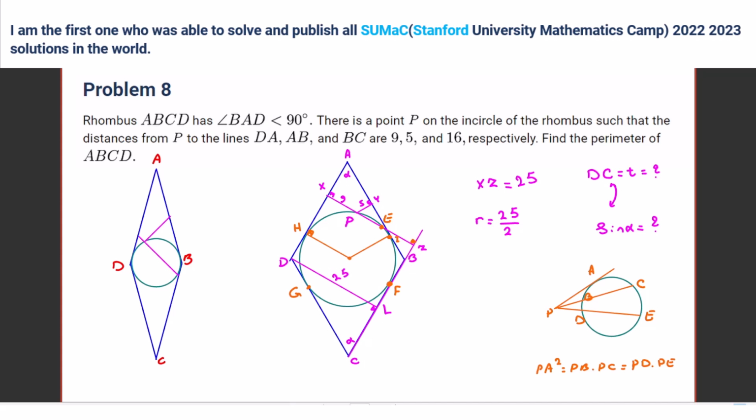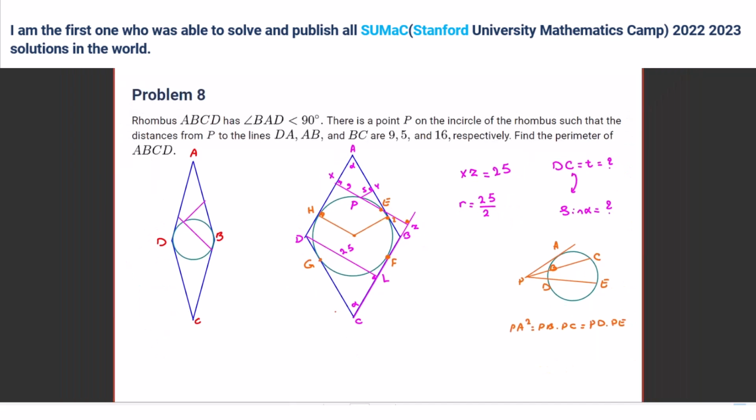Okay, I think I found sine alpha. Okay, can you explain? Yeah. So first, you can say XP times XE equals XH squared, and ZE times ZP equals ZF squared.